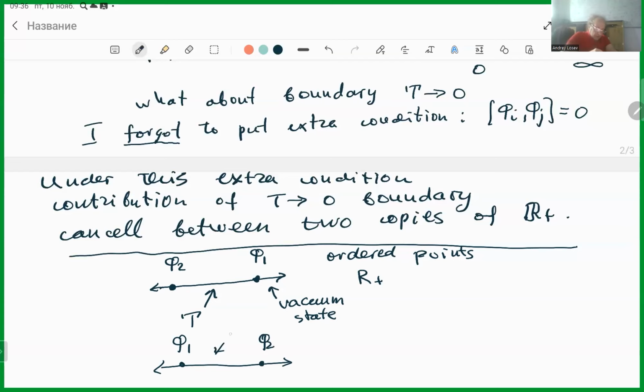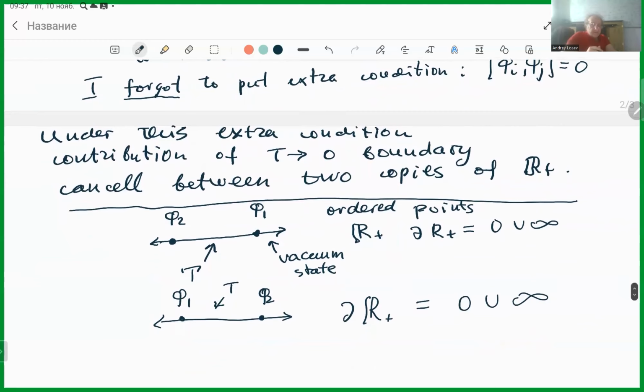And also here is T. So I have two copies of R plus. So actually, the boundary of the first R plus is 0 and infinity. The boundary of the second R plus is also 0 and infinity. Yeah, now I get it. I just misunderstood the words two copies.